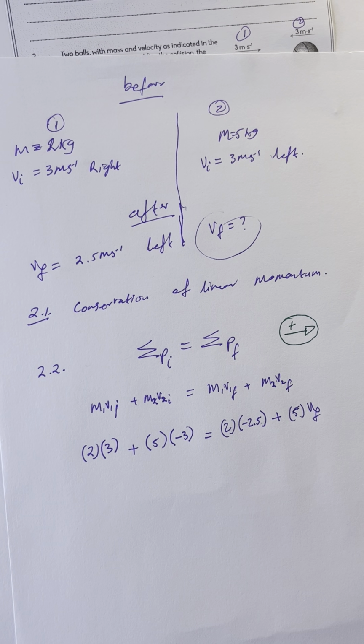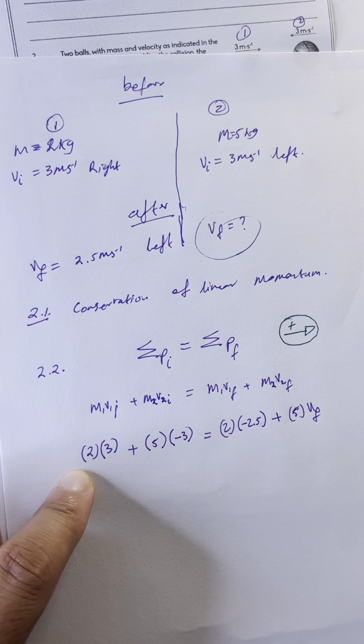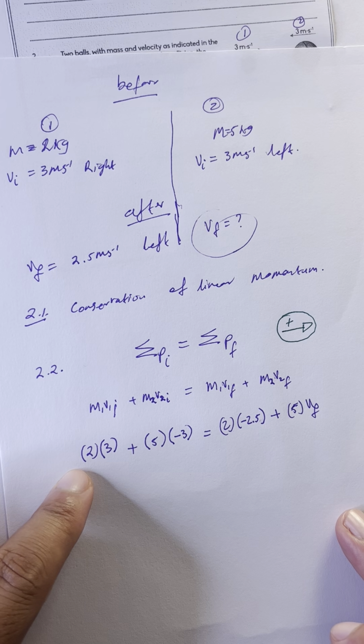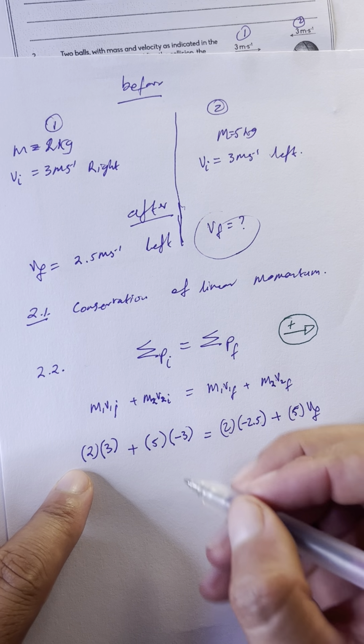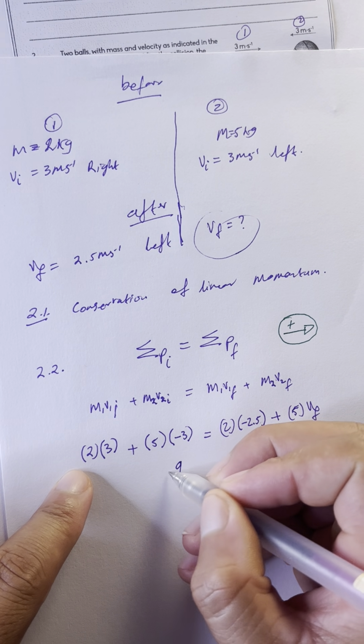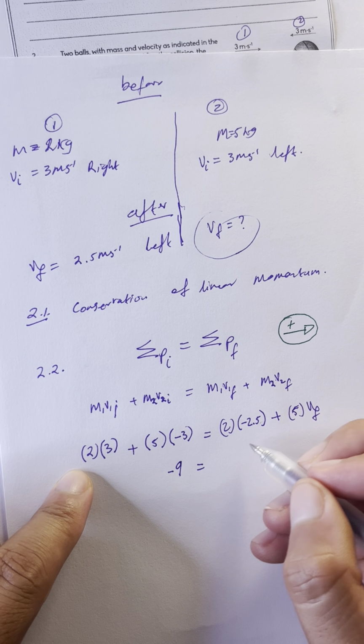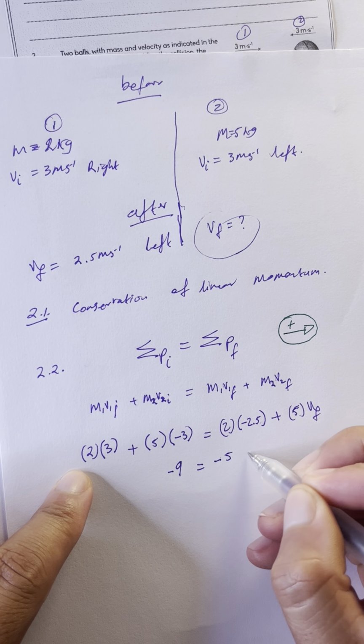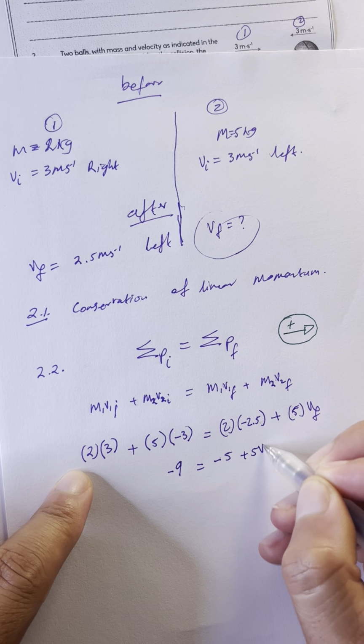So we have this now, and then we just do the math. 6 minus 15, we have negative 9, and minus 5 plus 5 V final.